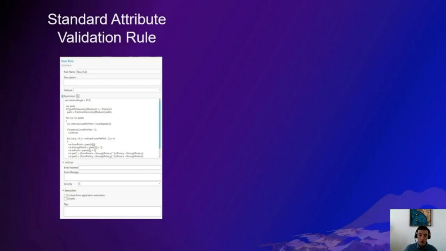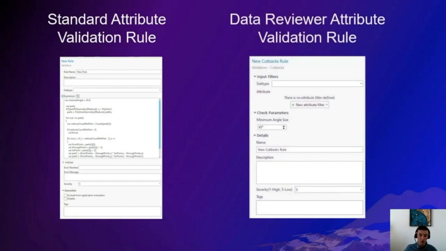If I'm successful, I would also need to maintain the script to ensure that future Arcade updates don't impact my work. With Data Reviewer, all I need to do is choose our out-of-the-box cutbacks validation check, enter a few parameters, and save it. All of the testing, development, and maintenance tasks are handled for you, saving you time and effort.